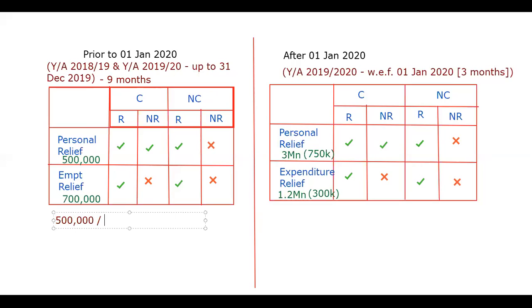500 divided by 12 into 9 is how much? 375. Is it correct? Am I correct?